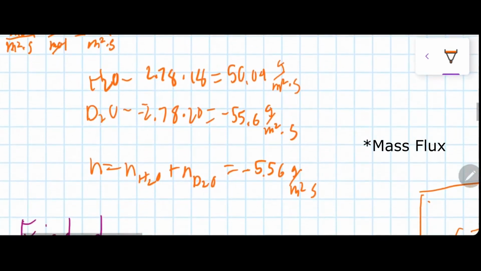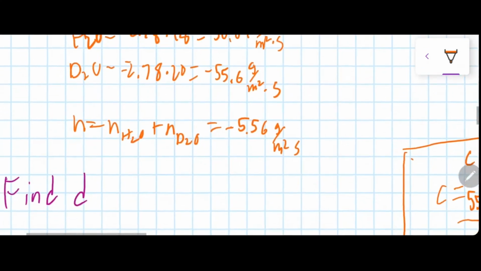So we are going to multiply the molar diffusive flux of each substance by their molecular weights, and we're going to see that we get these here. We know that the total mass flux is equal to the sum of each individual flux. So we're going to add those together, and we're going to get negative 5.56.